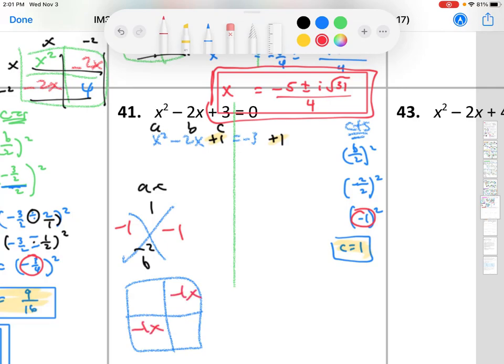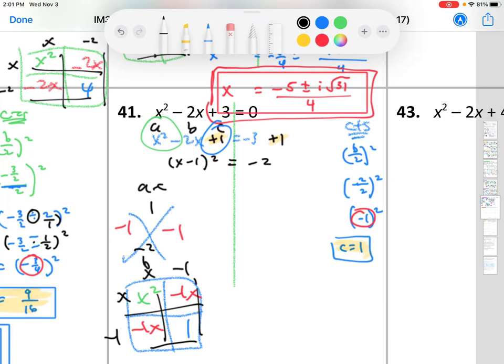Those always go on the bottom left, top right. And I need this one. And this one. And take the square root.